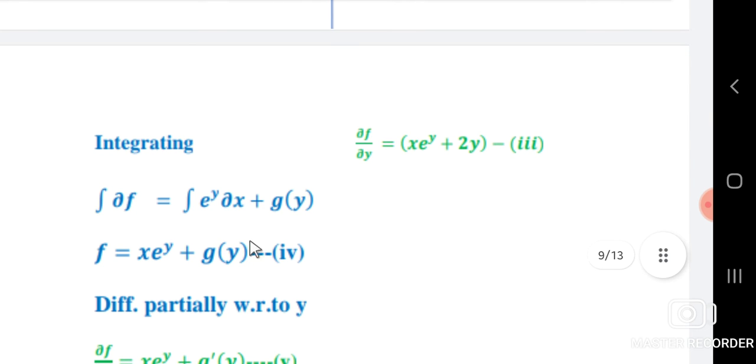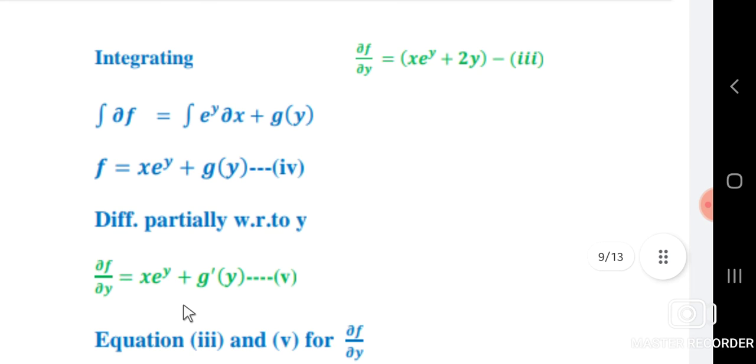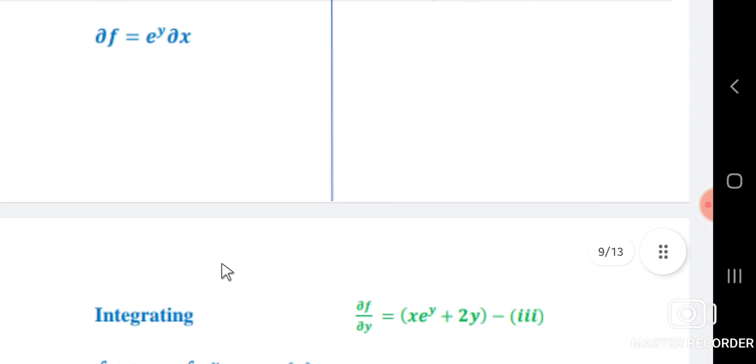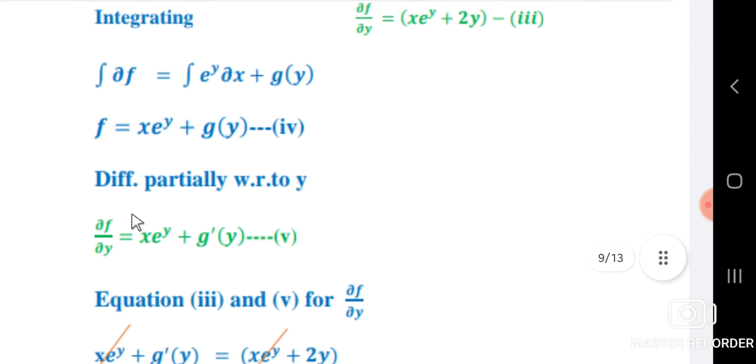But we have N here, our N is dou f by dou y, so we have to use this dou f by dou y value here. So for that you take this f is equal to x e power y plus g of y. We differentiate f with respect to y. This idea I am getting is from here only, here dou f by dou y. So that's why I will differentiate this f with respect to y.